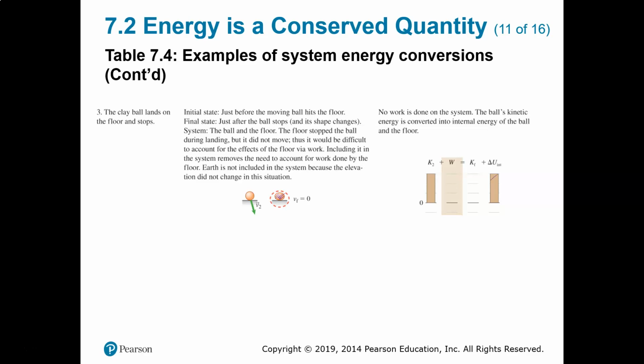So that energy is now part of the internal system of the ball. The ball had to stop. That shape, you'll notice that it's no longer a perfect circle. That ball of clay is now squished. Shape changes. That's a change in the internal energy of the ball. So we're going to come back to this in just a few minutes.